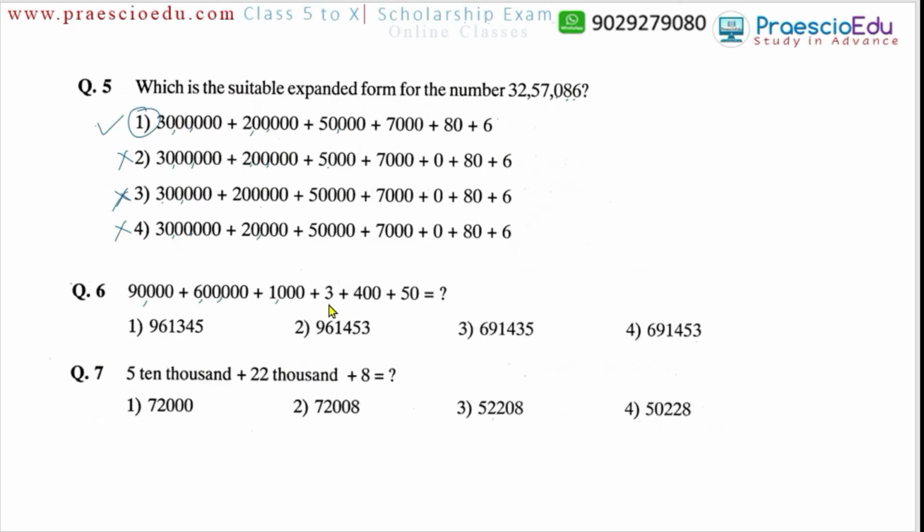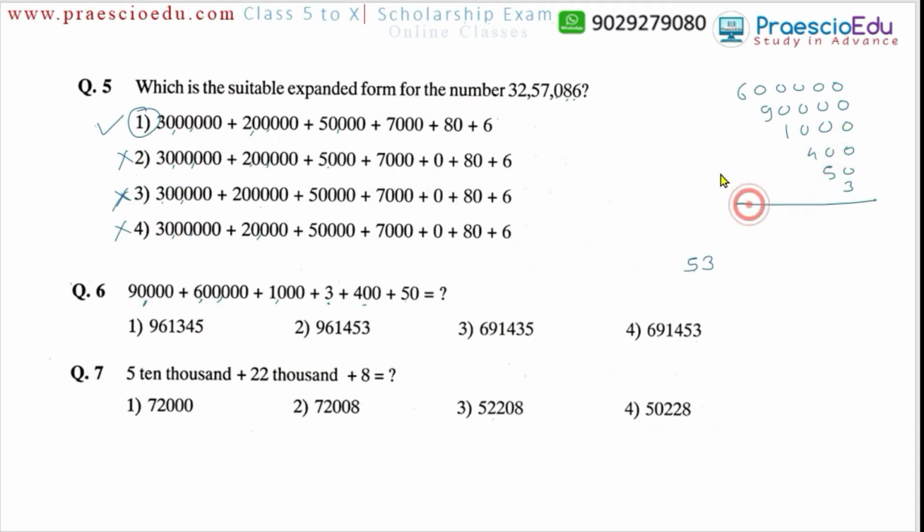If we add all these expanded forms, the unit place is 3, then at the tens 50, and the biggest one is 6 lakh, then 90,000, then 1,000, then 400, then 50, and then 3.